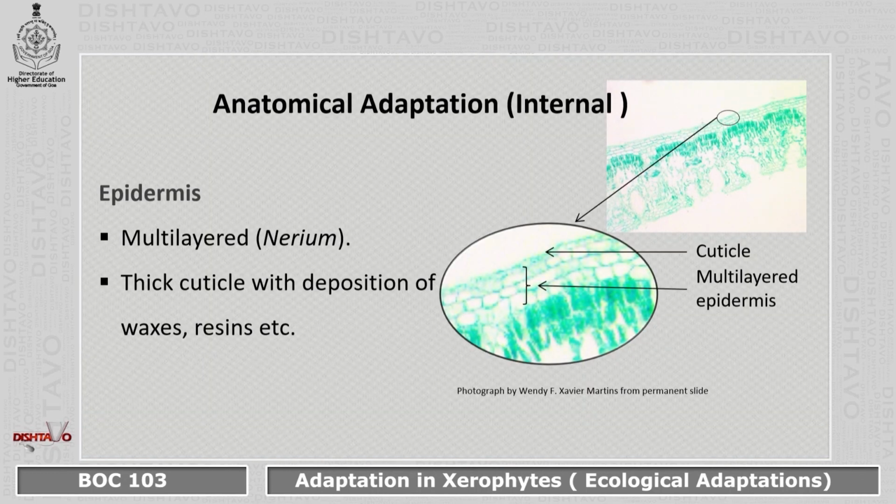The epidermis is the outermost limiting layer of the plant. It may be multi-layered, as in the case of Nerium. This epidermis may have a thick cuticle, with deposits of cutin, wax, and resins.